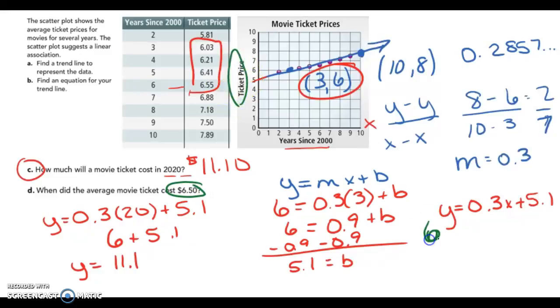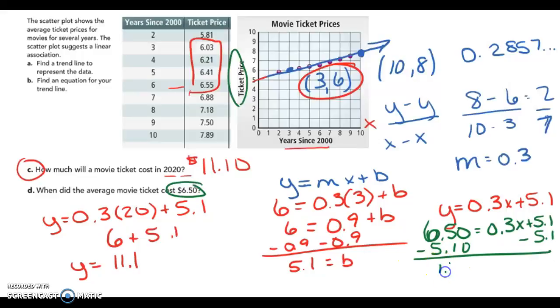So I'm going to plug in 6.50 equals 0.3x plus 5.1. I'm going to get rid of the 5.1, or $5.10. So I'm going to have $1.40 left equals 0.3x. I'm going to divide by 0.3 on both sides. So I'm going to say that x would have been about 4.6, which seems a smidge low, but we also know that it's right in there.